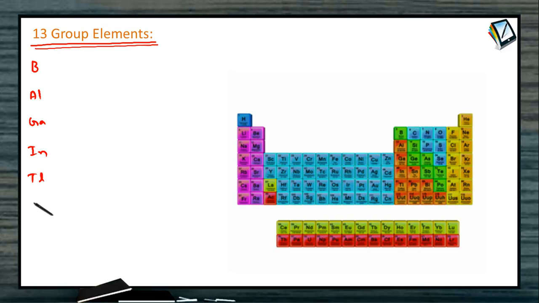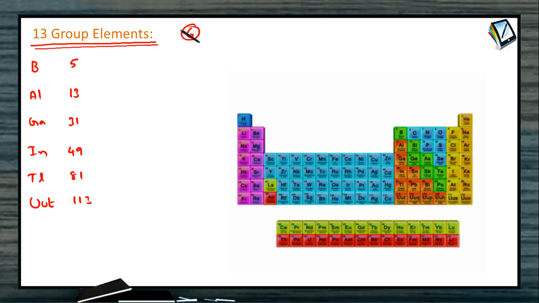But we still have an element belonging to this group with atomic number 113, known as ununtrium, represented by Uut. So we have boron with atomic number 5, aluminium with atomic number 13, gallium 31, then 49, 81, 113. Thus altogether there are 6 elements in this boron family.